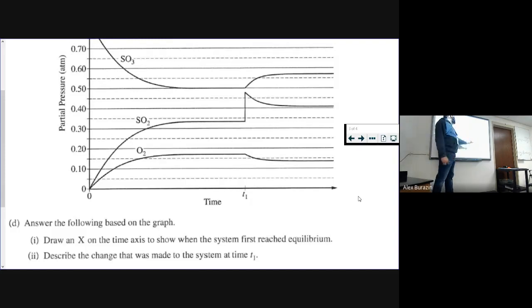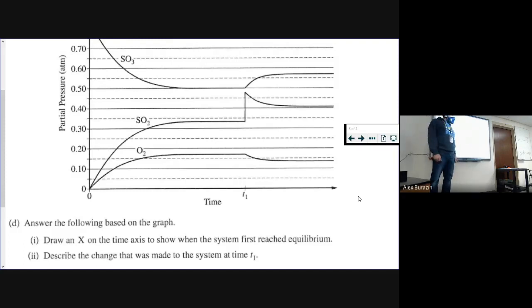As time progresses, we had the initial SO3, and it's breaking apart, breaking apart, breaking apart. As it breaks apart, we're producing these two products. And at a certain point, we level off. When we level off, that means the molarities or the partial pressures or the concentrations are no longer changing.